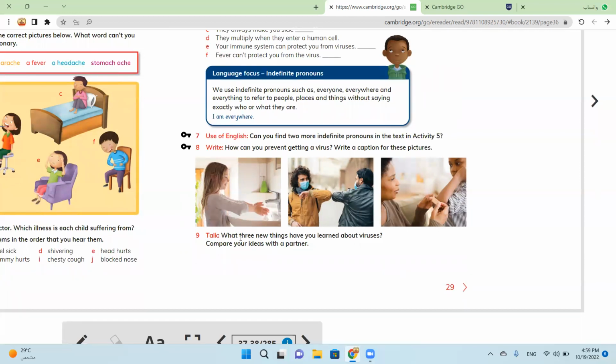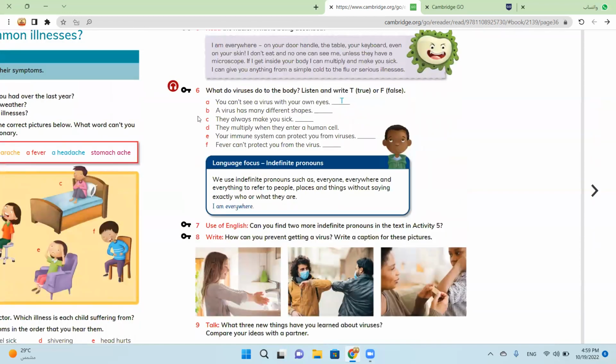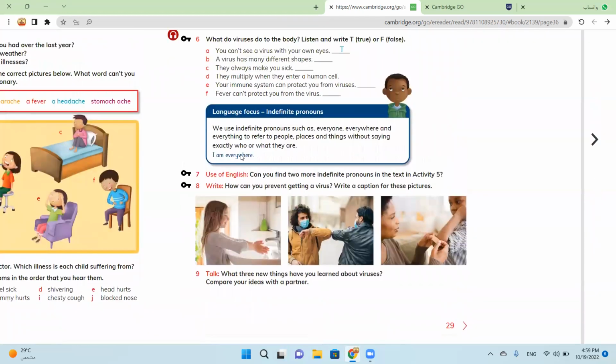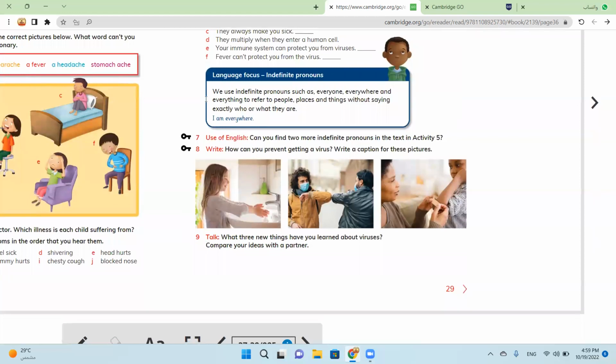Activity 9, talk. What 3 new things have you learned about viruses? Compare your ideas with a partner. You can refer to activity 6 to understand what you have learned more about viruses.